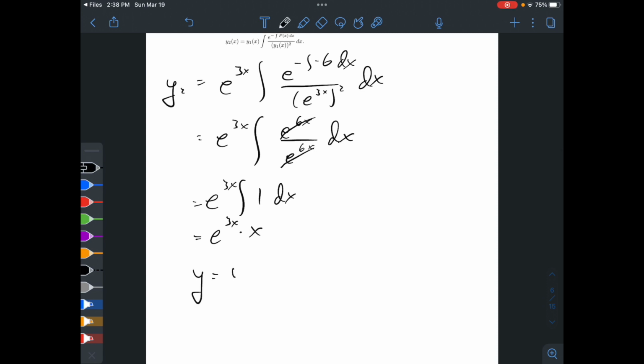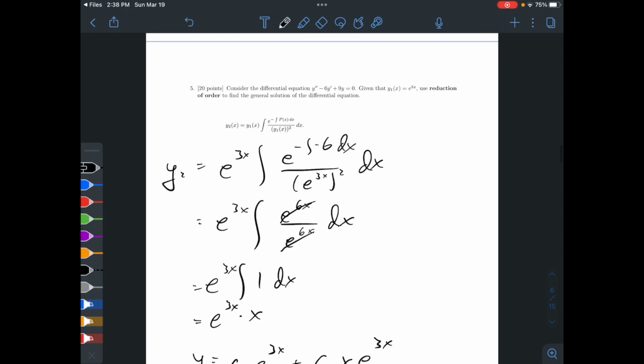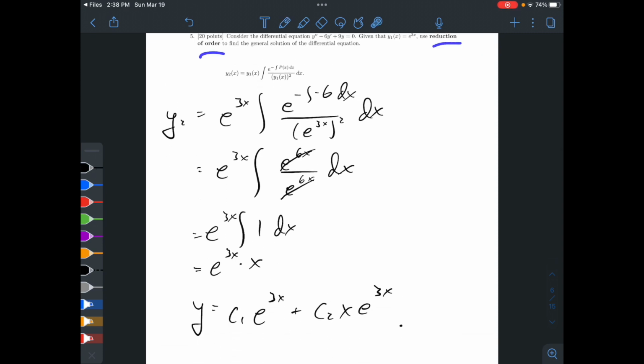So our general solution is c1 y1, which is e to the 3x, plus c2 y2, which is x e to the 3x. So if I didn't specify reduction of order for this one, you would have been able to do that already before.